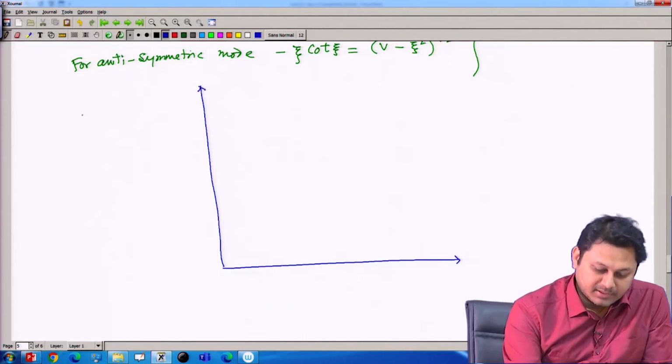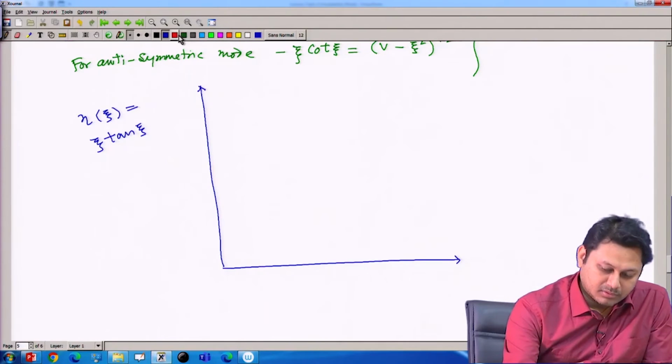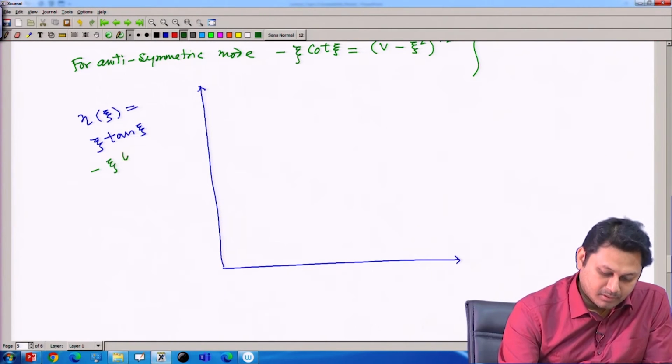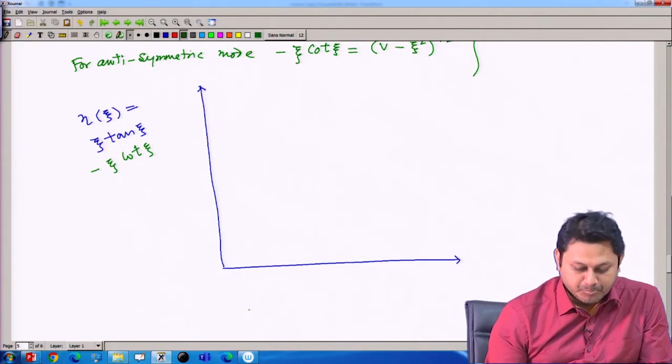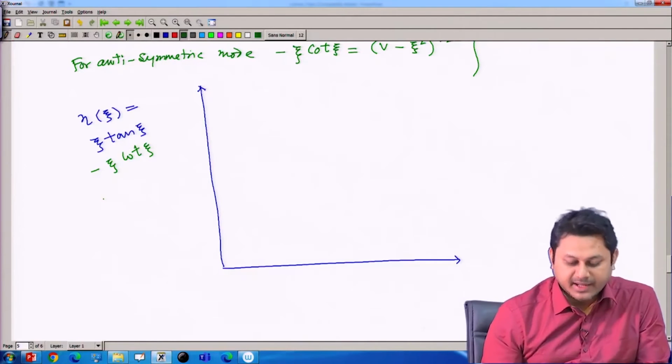I am plotting here eta xi, which is either xi tan xi or minus xi cot xi, both I am plotting, and also I am plotting the right hand side.